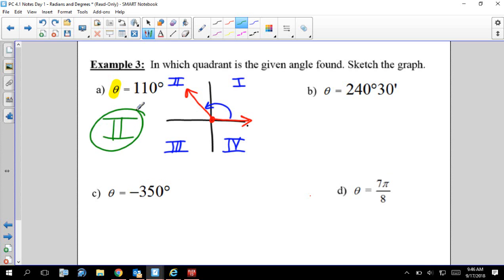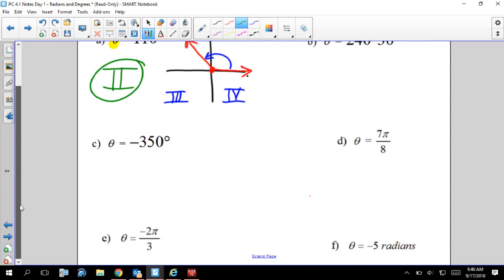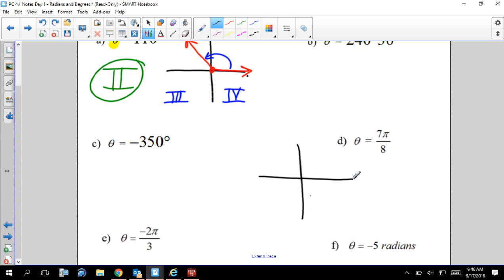How about D? So D, I'm not about to pull out a calculator yet. I'm going to use what I was going over earlier. Fractions from like 2nd and 3rd grade. What's the top half in radians? What's the whole thing in radians?